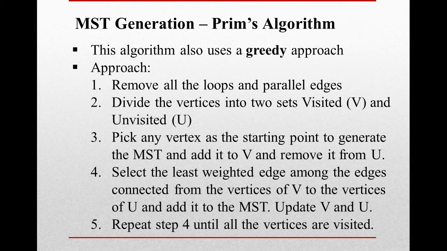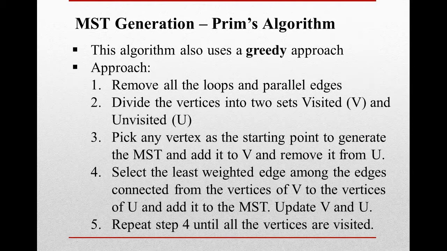So if you look at the approach, the first step is just like Kruskal's algorithm. The first step is to remove all the loops and parallel edges, because they are really not needed in your minimum spanning tree, so obviously we'll have to remove them. The next step is to divide the vertices of the graph into two sets, visited set and unvisited set. When you initialize it, since you haven't visited any vertex, the visited set is null, and the unvisited set will be the set of all vertices.